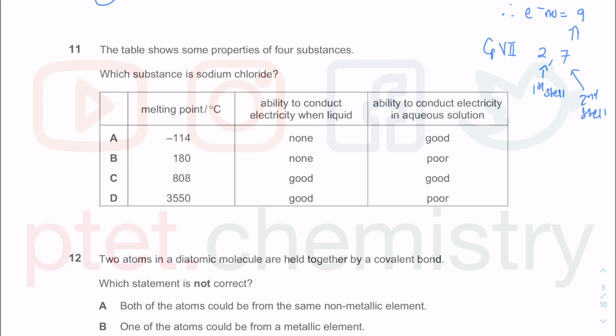Question 11, sodium chloride. Sodium chloride is one of your case studies. The syllabus says that you must know the formula and how the Na goes from 2,8,1 to Na+, which is 2,8, and the Cl goes from 2,8,7 and becomes Cl-, which is 2,8,8.